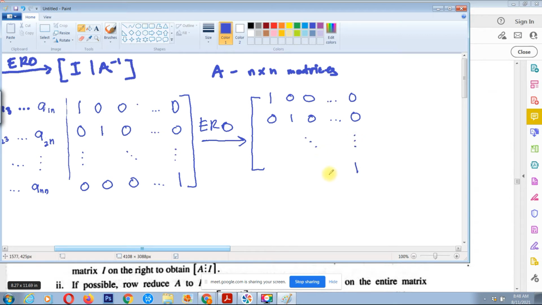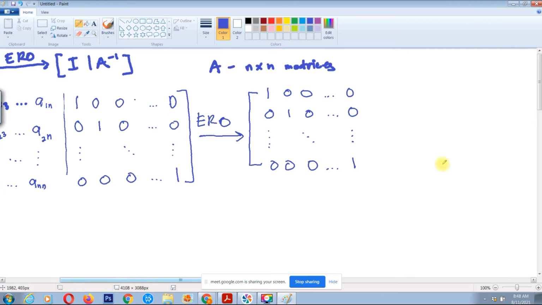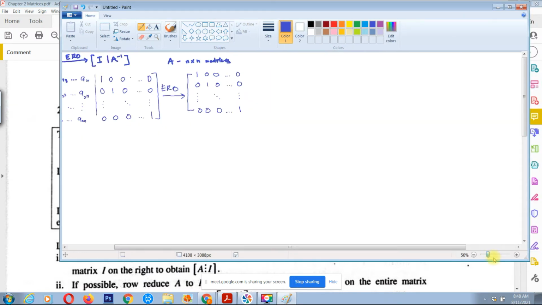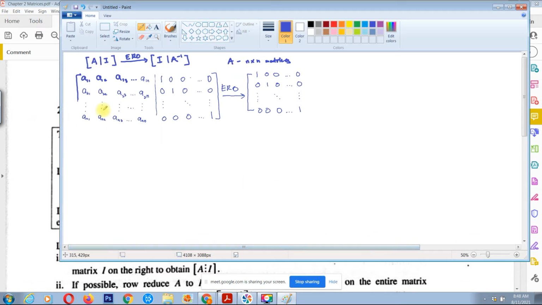We continue. Okay, one minute, I need to make this smaller. So we have this.